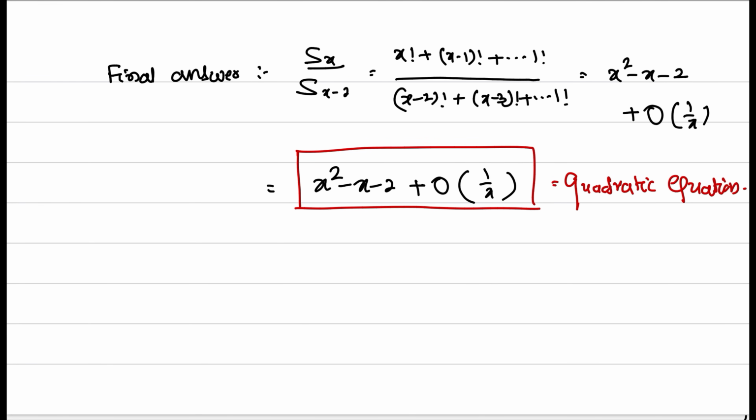And with this, I wanted to conclude this lecture. The same answer you can get by using Stirling's approximation also. You do with that method, use Stirling's approximation and get this value. And as x tends to infinity, the error O of 1 by x tends to 0.